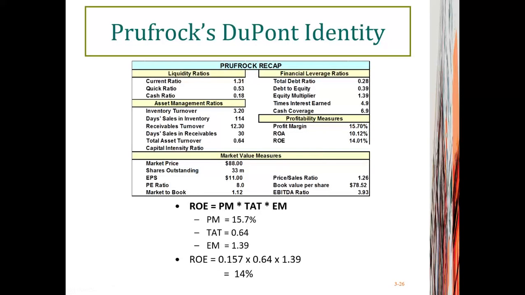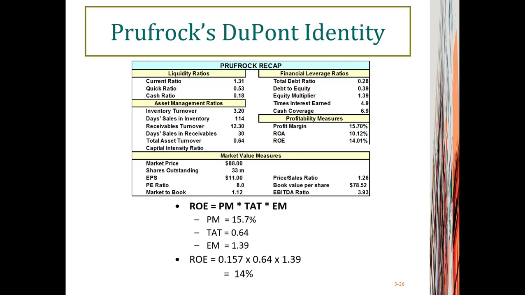Now here's an example utilizing the DuPont equation for Proof Rock company. Here you see four critical ratios. ROE, which is the profitability ratio, equals net income divided by total equity. It equals profit margin times total asset turnover times financial leverage.